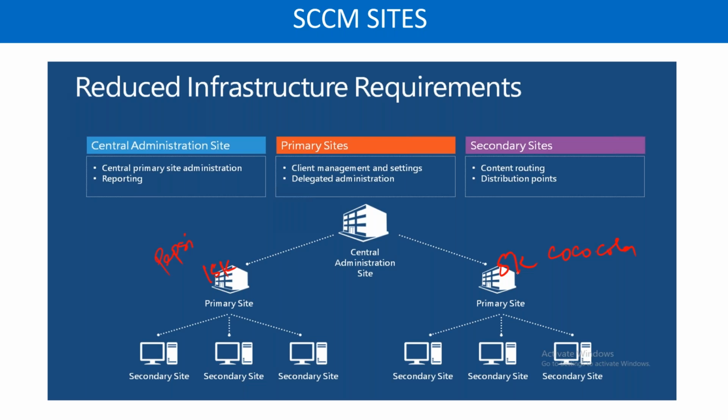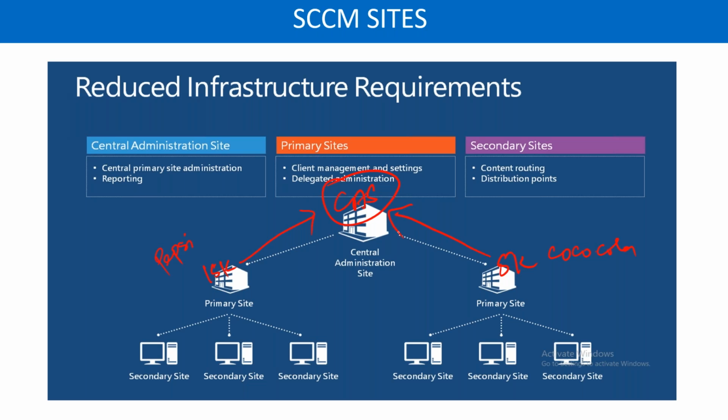They want them to be managed by separate primary sites. So if you want to manage them separately with their own primary sites, you can go with a CAS. The central administration site will be sitting on top of the hierarchy, and both the primary sites will report to the CAS.